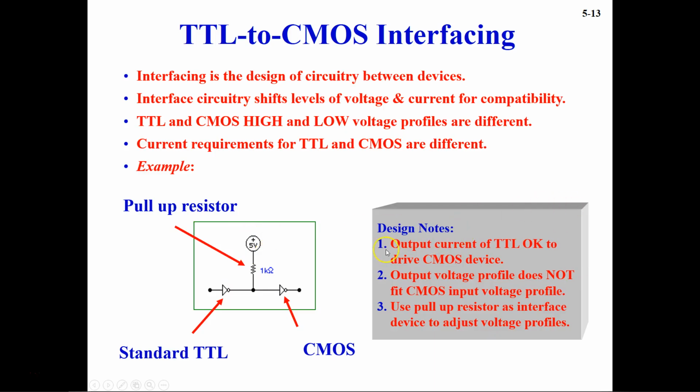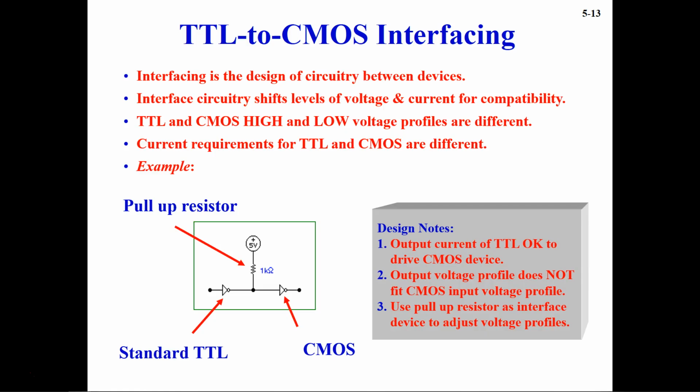Design notes: the output current of TTL is okay to drive a CMOS device. The output voltage profile does not fit the CMOS input voltage profile. So use a pull-up resistor as an interface device to adjust the voltage profile. Most of the things in this slide are similar to what we covered in the last slide, but my purpose in putting up the last slide is so that you can actually see the voltage levels and predict what goes wrong if we do the interface.